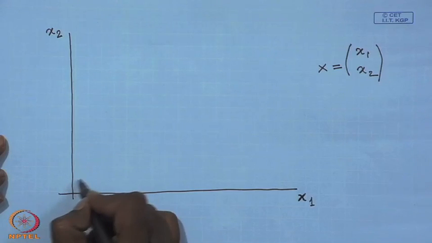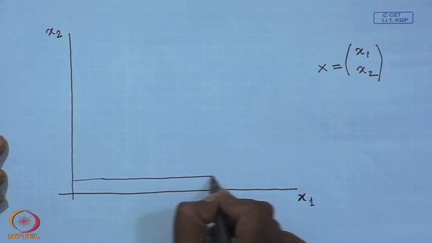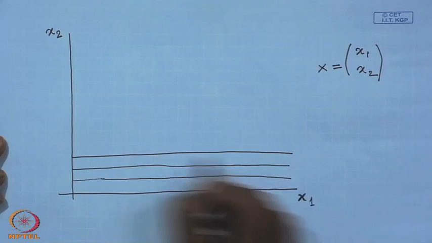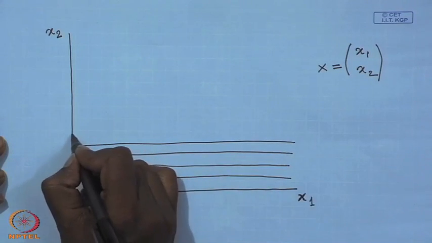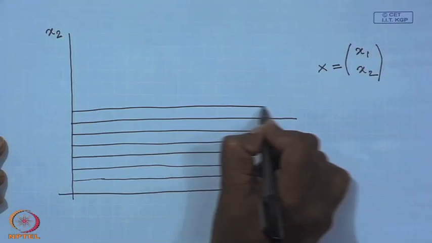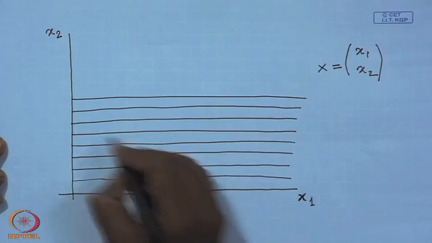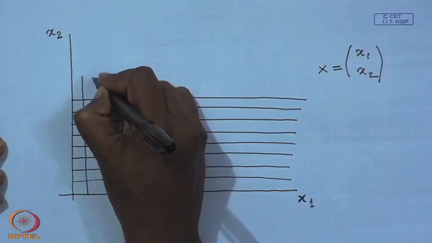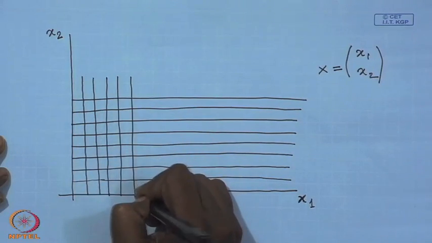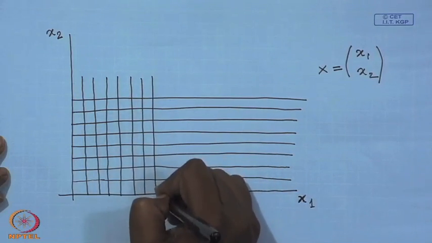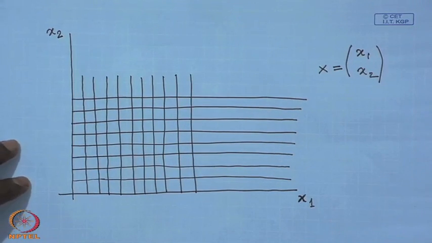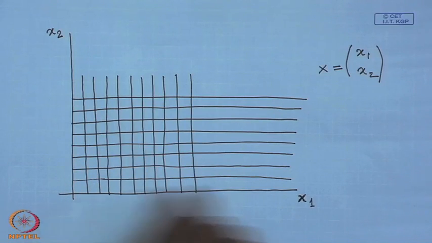Okay. Let us put some grid. So, these are the grids that I have, and suppose I have been given samples.